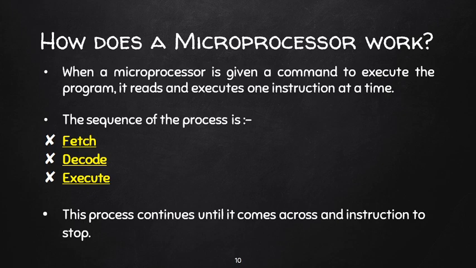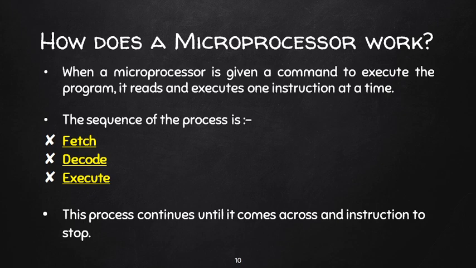After fetching the instruction from the memory inside the microprocessor, the next step is to decode that instruction, or try to make sense of that instruction, what has to be done. If it is written that it has to add two numbers, it will try to make sense of what we mean by addition.